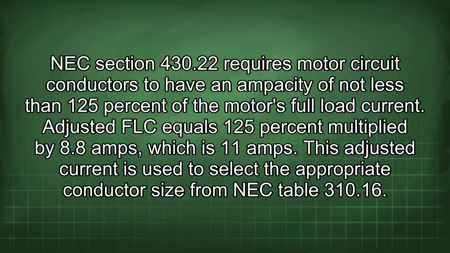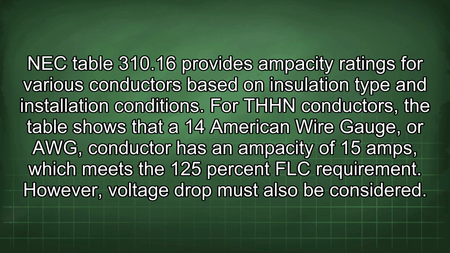This adjusted current is used to select the appropriate conductor size from NEC Table 310.16. NEC Table 310.16 provides ampacity ratings for various conductors based on insulation type and installation conditions. For THHN conductors, the table shows that a 14 American wire gauge, or AWG, conductor has an ampacity of 15 amps, which meets the 125% FLC requirement.